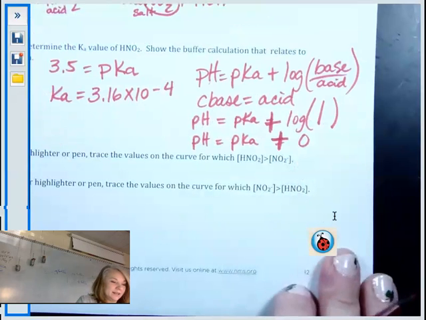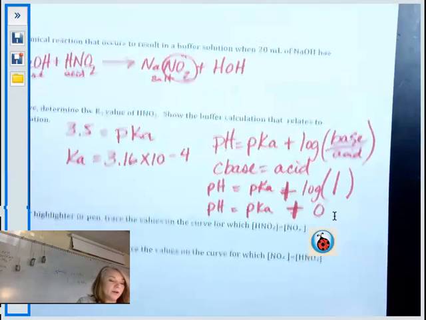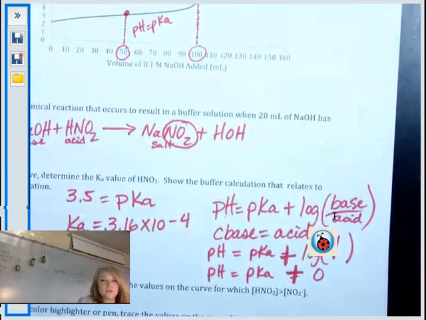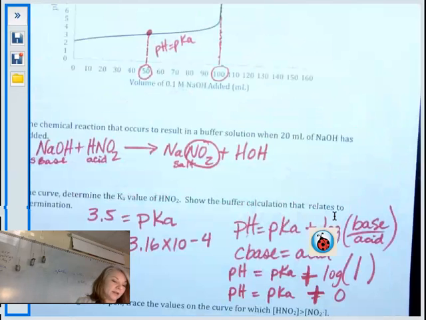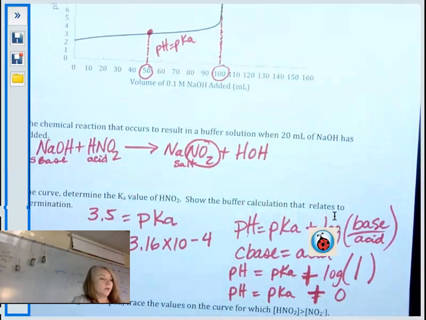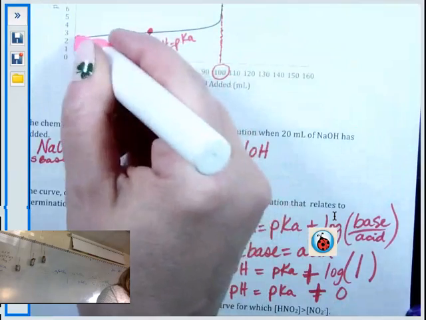Okay. Now, C, use one color highlighter or pen. Trace the values on the curve for where HNO2 is greater than NO2 minus. So where is the acid greater than the conjugate base? Well, where do we stop? No, it's not just where it's lower than 7.